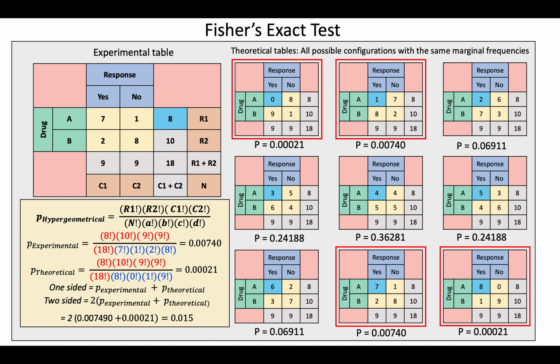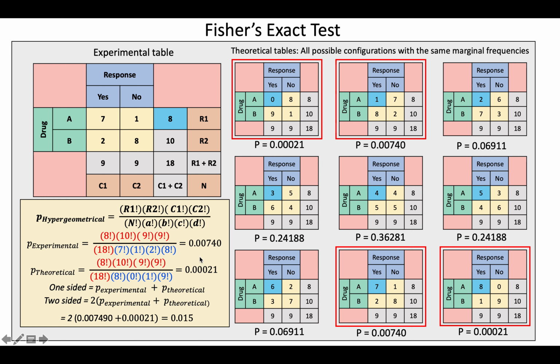And in this case, the more extreme tables compared to the experimental table are exactly these ones: this one, and this one, when we are talking about the two-sided test, because you can do a one-sided test with Fisher's exact test as well.